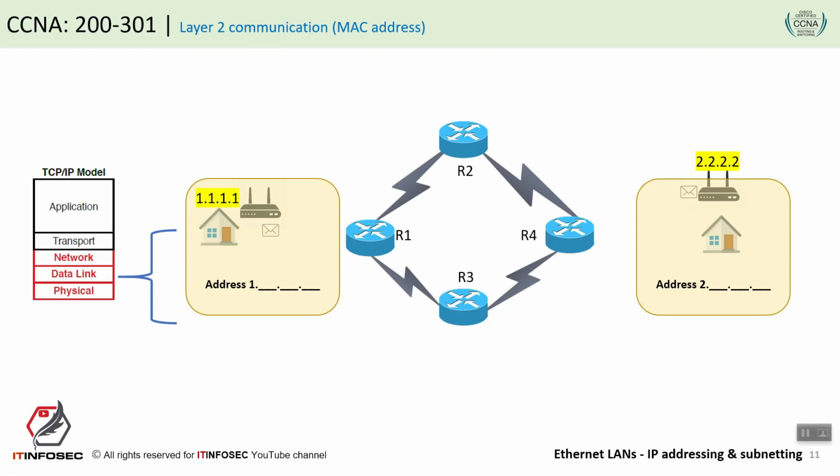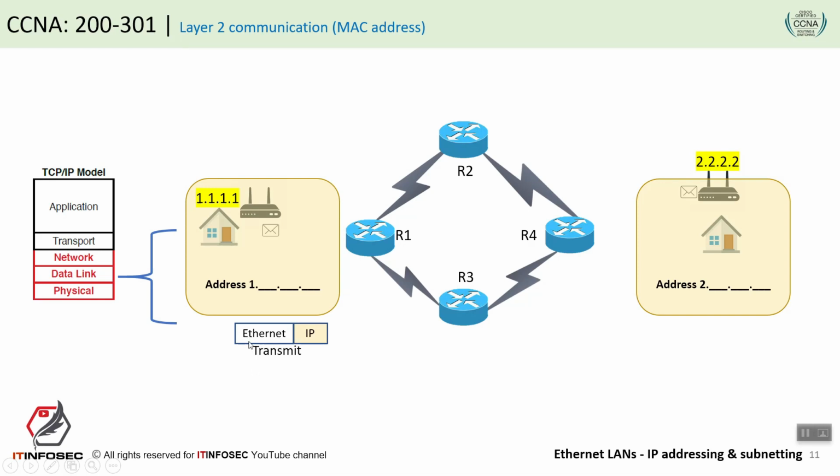Okay. Now, let's check the data link layer. The data link layer contains an address called the MAC address, that's the layer 2 address, and provides layer 2 communication, known as the Ethernet address.